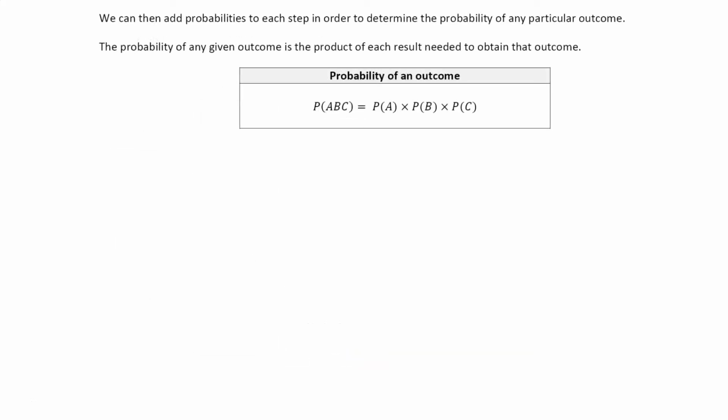We can then add probabilities to each step in order to determine the probability of any particular outcome. The probability of any outcome is the product of each result needed to obtain that outcome. So the probability of an outcome A, B, C is equal to the probability of A times the probability of B times the probability of C. Going back to our coin flipping example, this could be expressed as the probability of getting tails, heads, tails, or any of the other possible combinations.